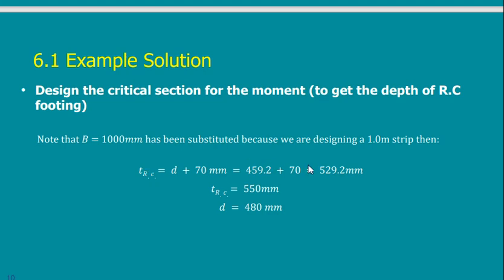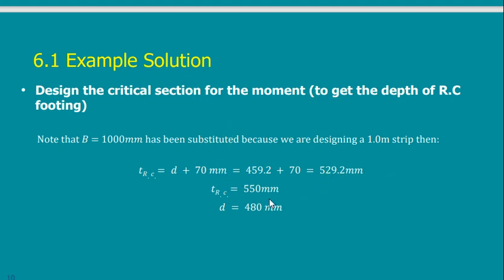Of course, as you have seen, I never take a number like this. If you tell the site that you want a footing with a thickness of 52.92 centimeters, they will not consider it at all. Then I have to give them a round number.